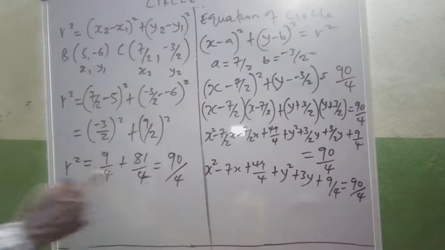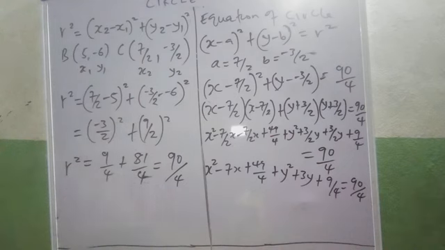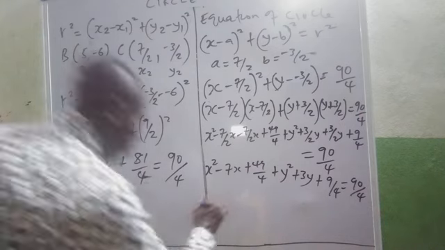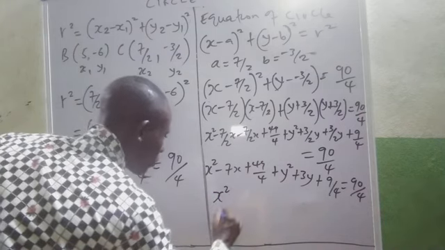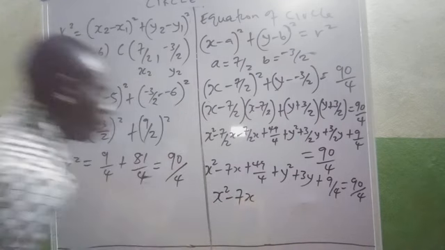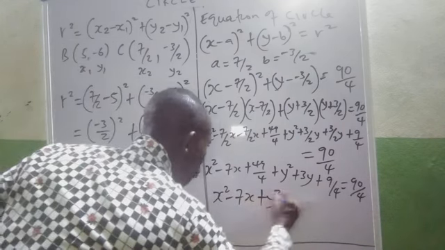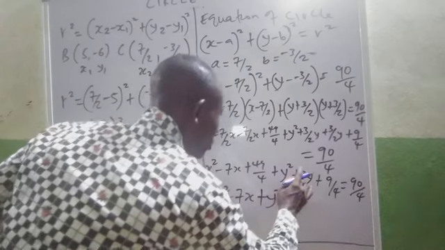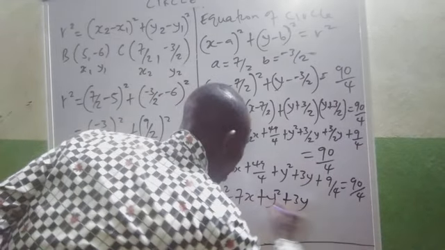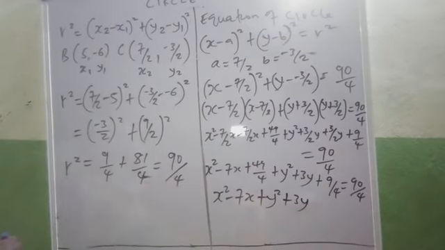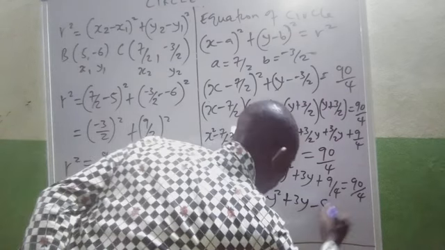So if I bring 90 over 4 to this other side, the final answer will be x squared minus 7x plus y squared plus 3y minus 8. Final answer is minus 8 equals 0.